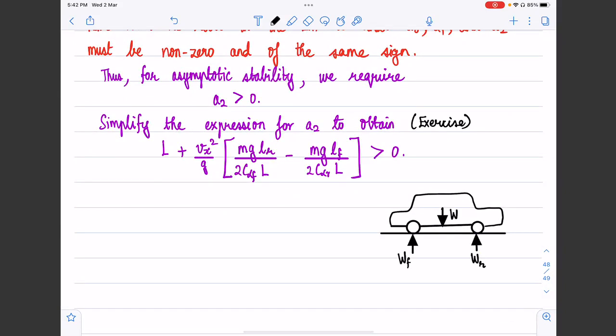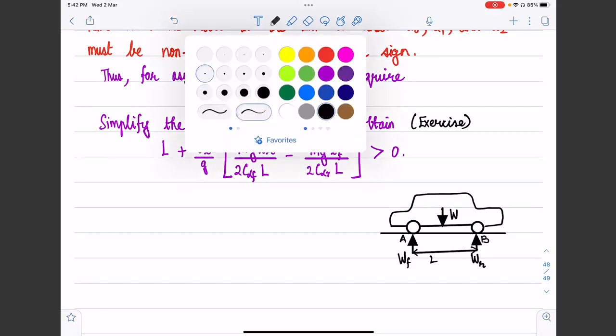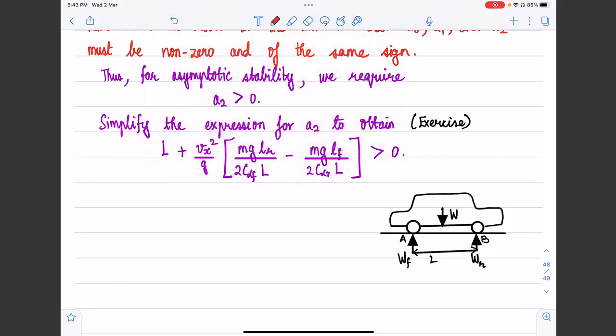Front contact point we call A, rear contact point we call B. The wheelbase of the vehicle is capital L. And as we know, we mark L1 and L2 as the distance of the center of gravity from the front wheel contact point and the rear wheel contact point. So these are some important things.